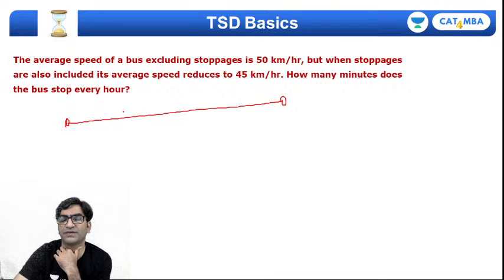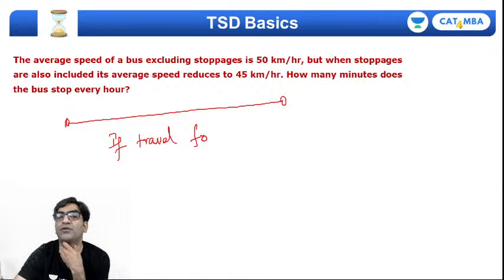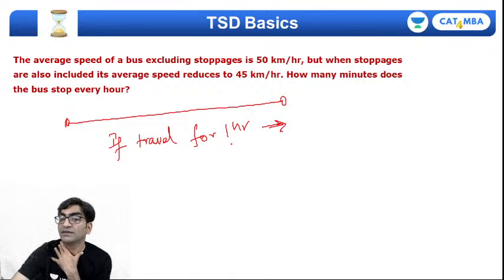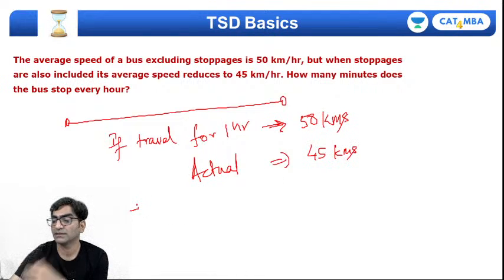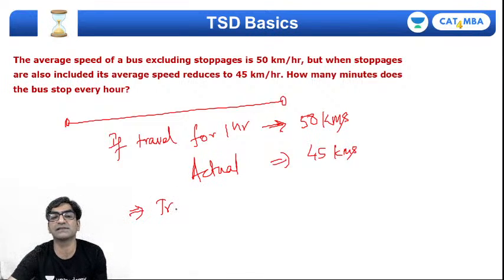You're saying if the bus were to travel for only 1 hour, then it should have covered 50 kilometers, right? But what actually happens is that it doesn't cover 50 kilometers. It actually covers only 45 kilometers in that same 1 hour. Which means it travels 5 kilometers less.